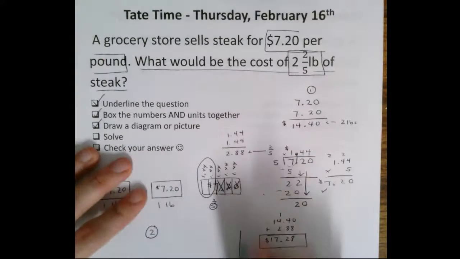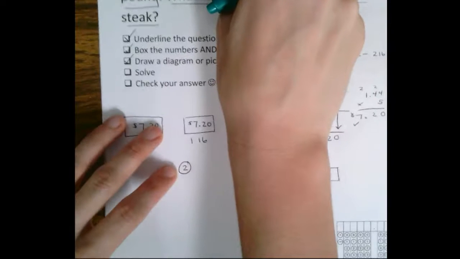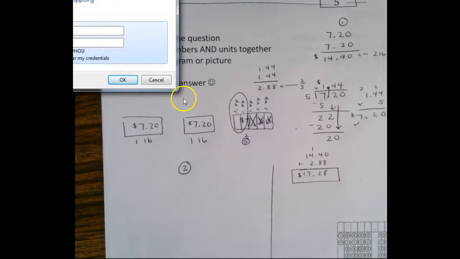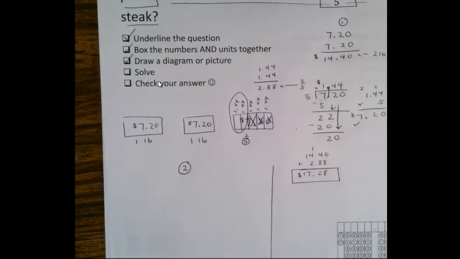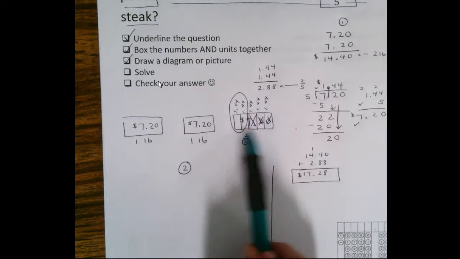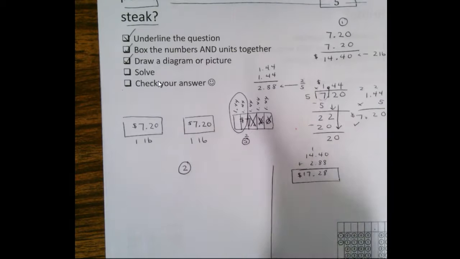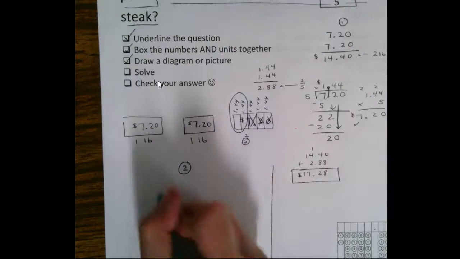Option 2, instead of figuring out this and figuring out 2/5 of $7.20, I can actually just multiply 2 2/5 times $7.20.